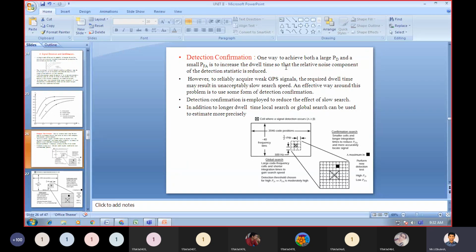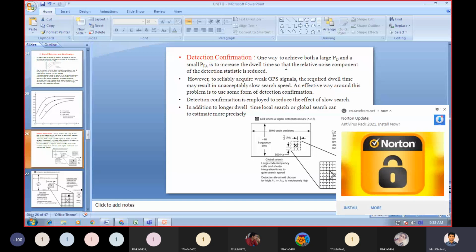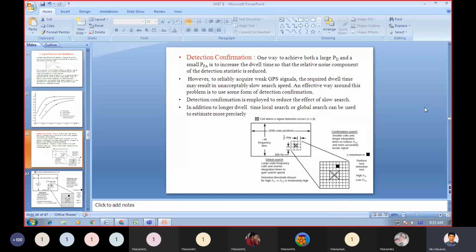In addition to longer dwell time, local search or global search can be used to estimate more precisely.